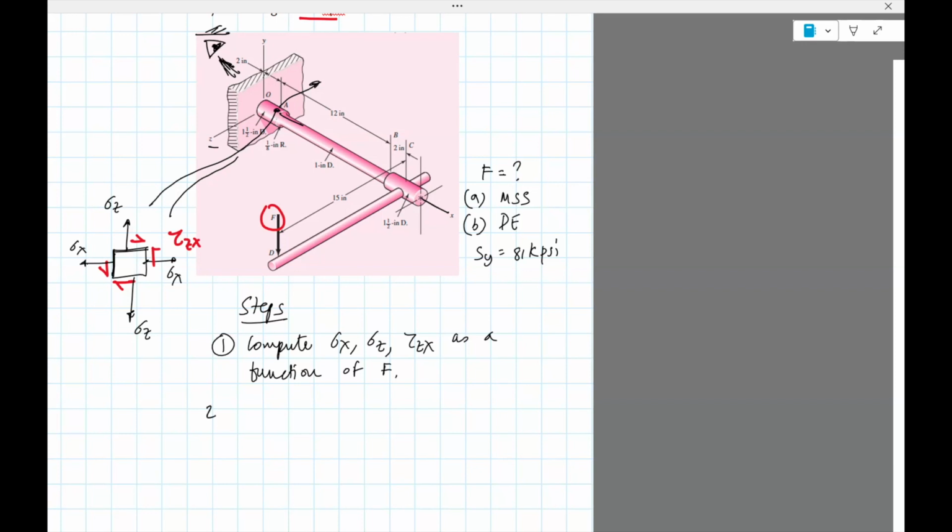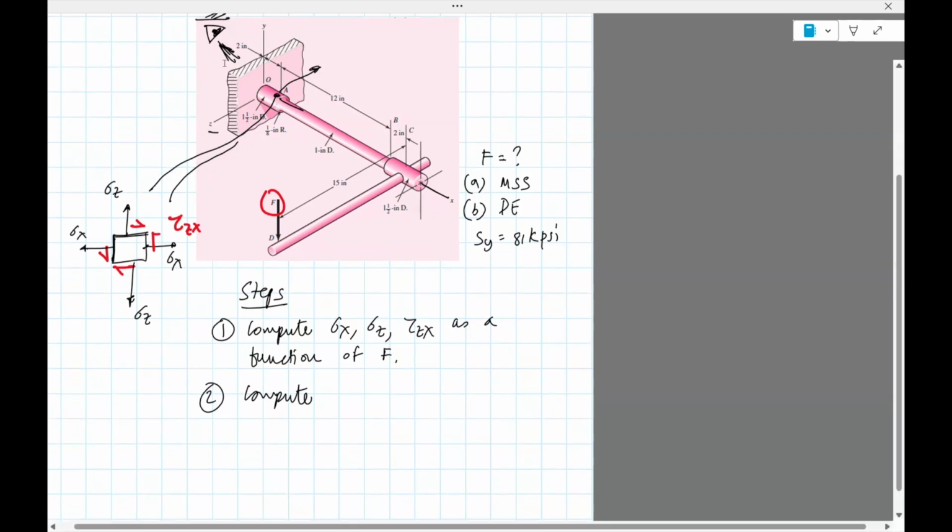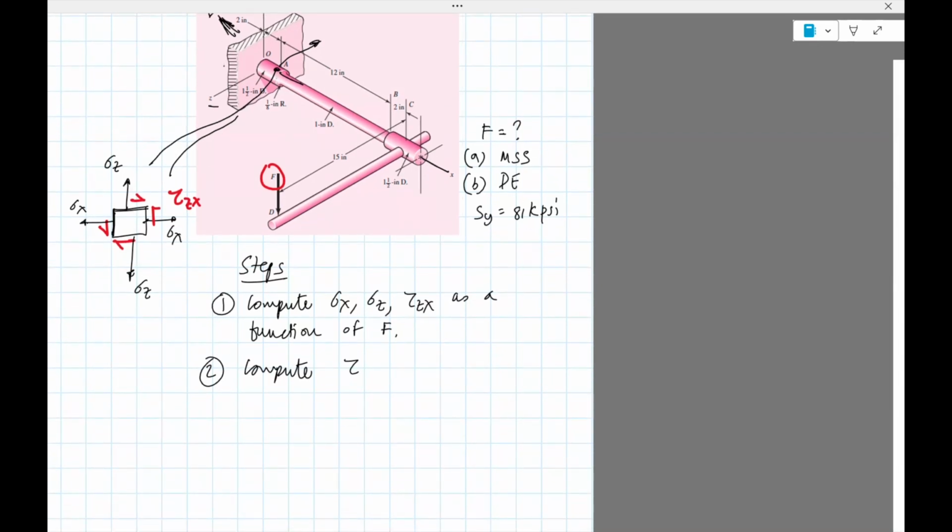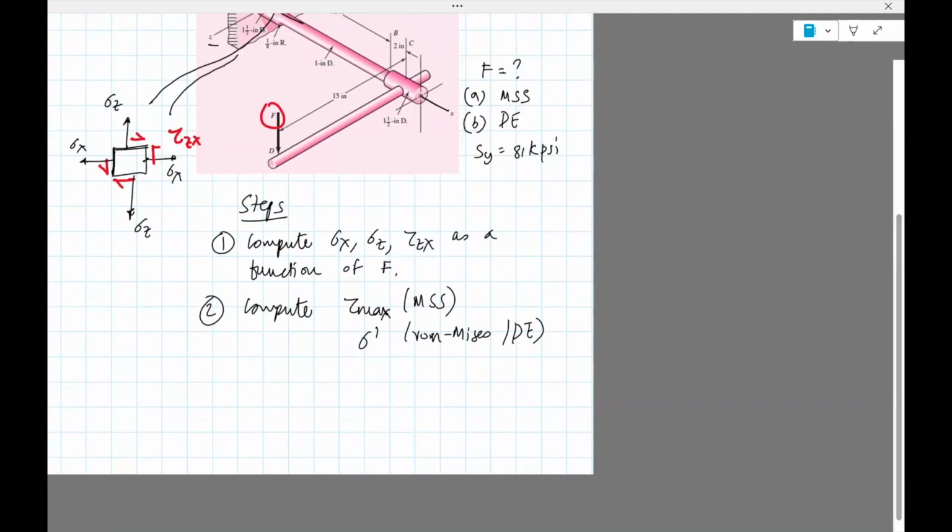The second step is compute tau max, which is the maximum shear stress, and sigma prime, which is the von Mises stress. This is the stress associated with distortion energy.